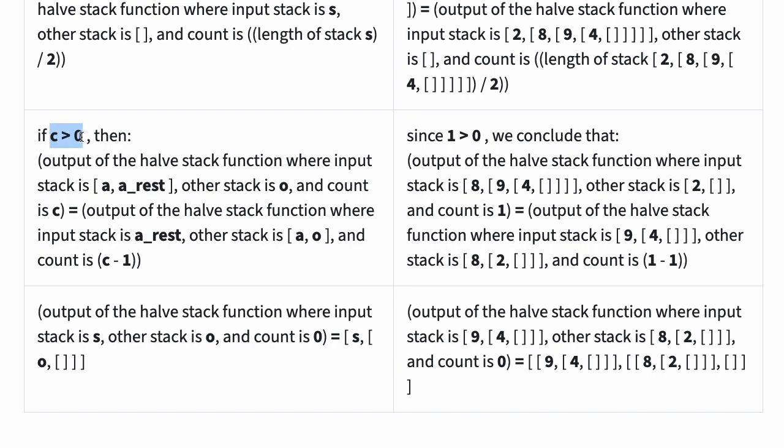If C is greater than 0, then we pop from the original stack and push it to the other stack. On the other hand, if count is 0, then the result is a 2-element stack, where the first element is what's left of the original stack, and the second element is the other stack.